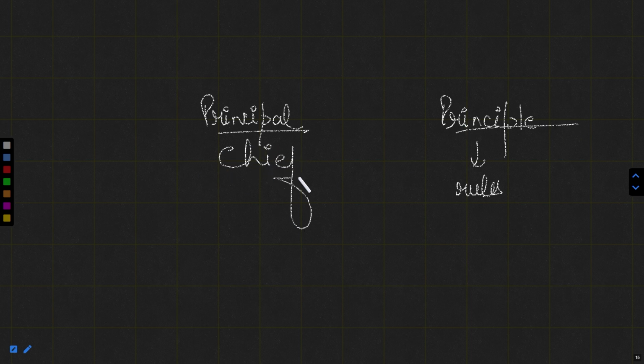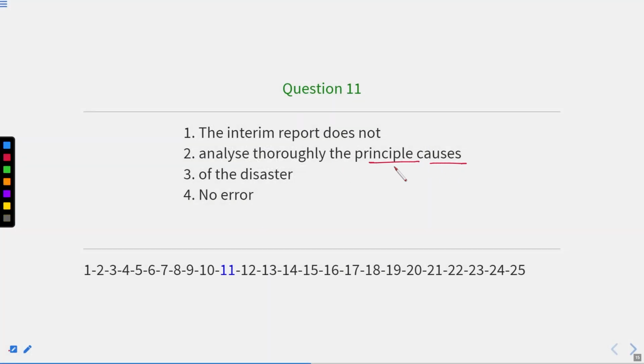Also, if we talk about principal of our school, we write principal. Who is principal? Basically the chief of the school. So there the word principal means who is the chief or the important. Here we need to write principal causes, meaning the chief or the most important causes. So this principle should be replaced with principal, that means the important causes.